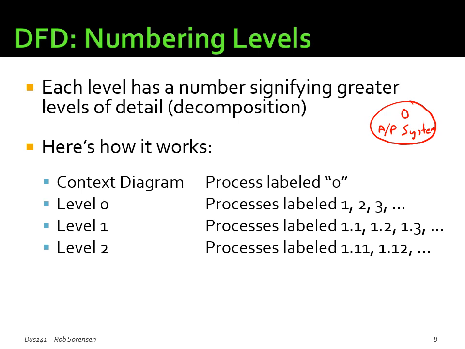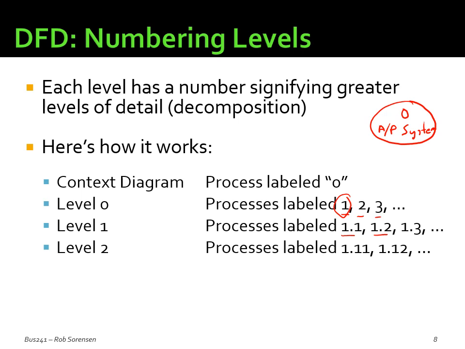Then I might break that apart into some sub things like receiving the invoice and making the payment and updating the accounting ledger and things like that. Well, I would label those 1, 2, and 3. If I wanted to break those into more detail, like I wanted to break the first one into even more detail, I'd call it 1.1, 1.2, etc. As far as I need to go. All right, so that's how we break it apart.